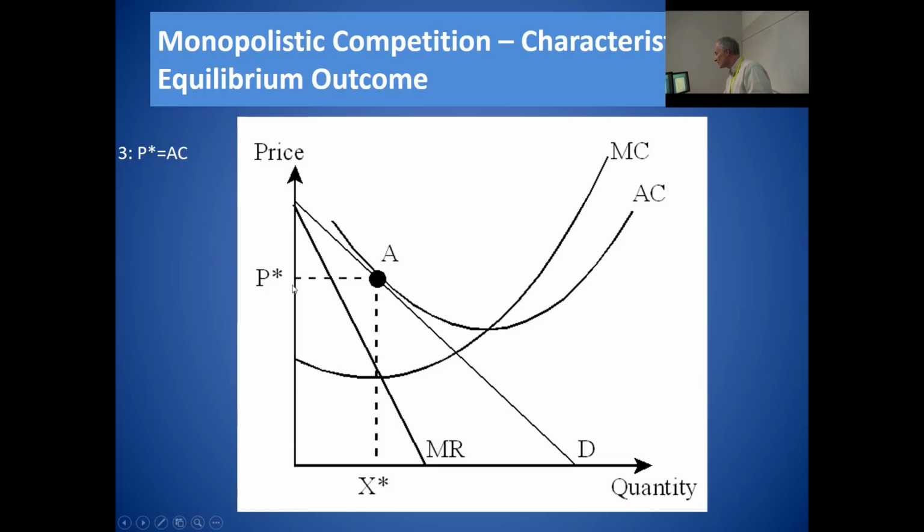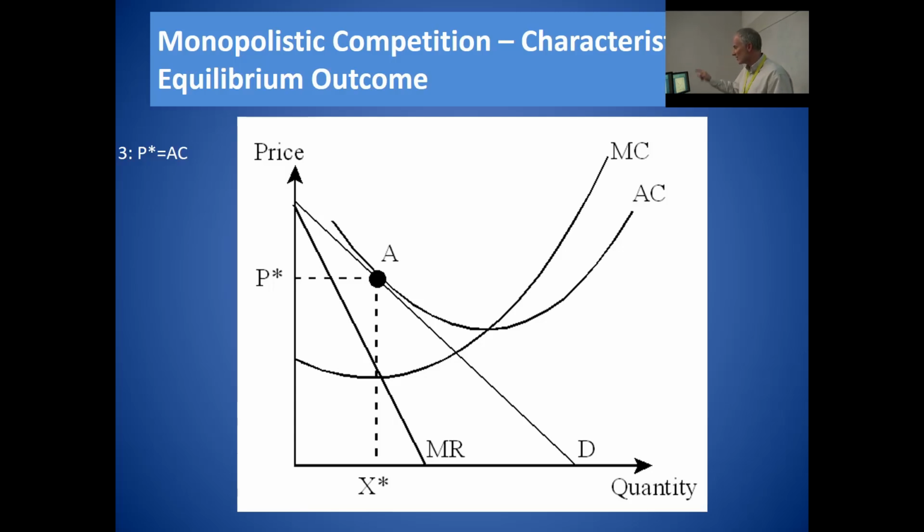And what do we find here at point A? The price charged per unit is P star. And what's the average cost of each of these units produced? It is also P star. So the average cost of producing each of those X star units is also the price, and hence there are no excess profits.